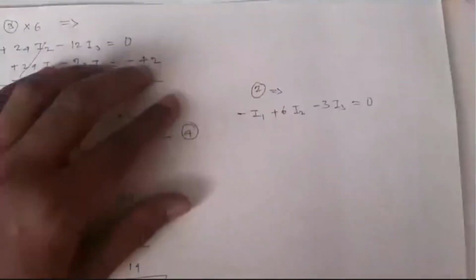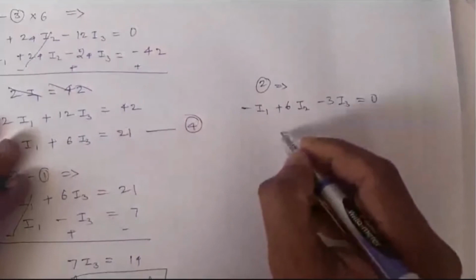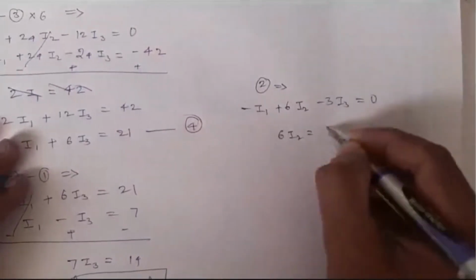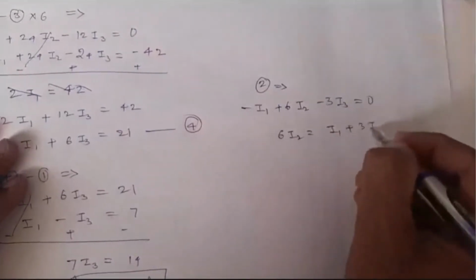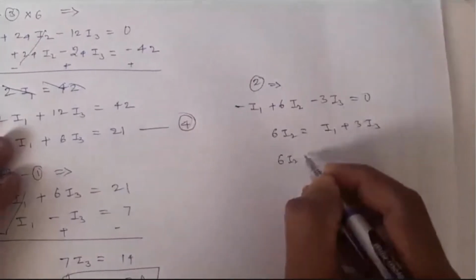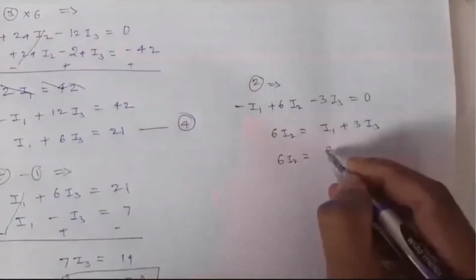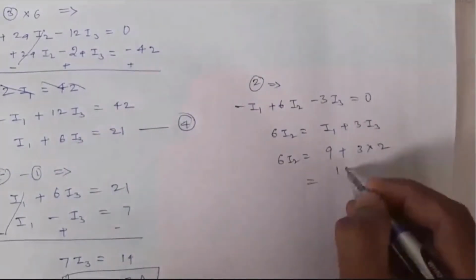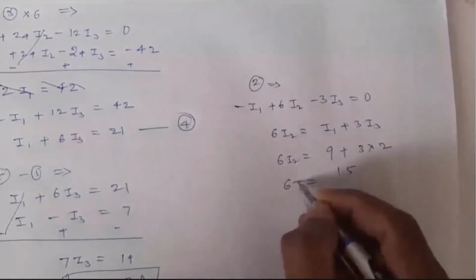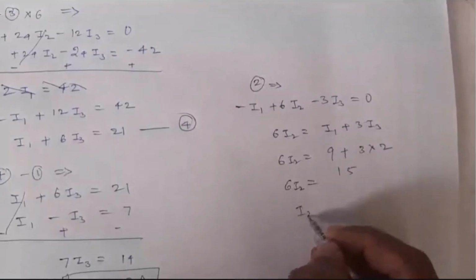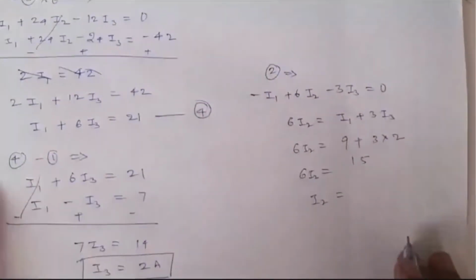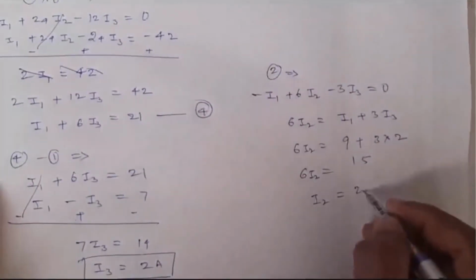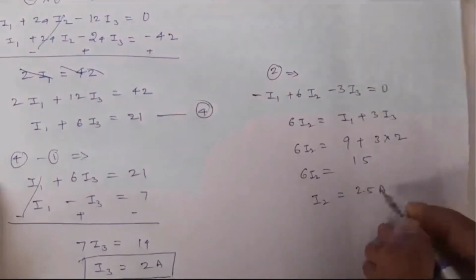So now from this equation I can find I2 easily. 6I2 is equal to I1 plus 3I3. 6I2 is equal to I1, which is 9, plus 3 into I3, which is 2, so this is 15. 6I2 is equal to 15. So I2 is equal to 15 by 6, which is 2.5 ampere.